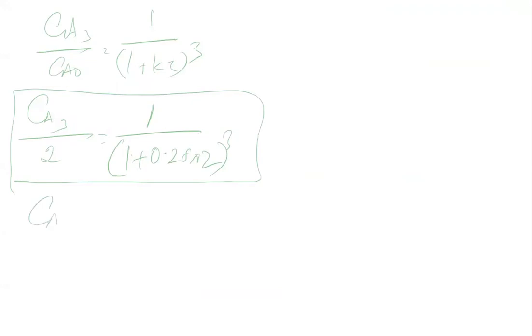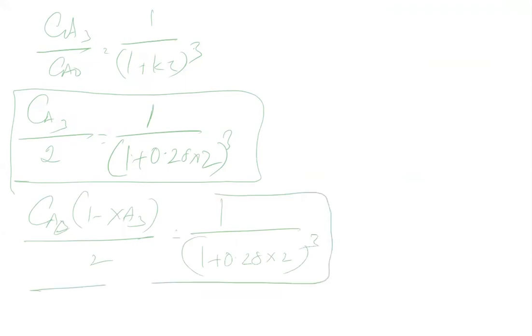If you solve this, Ca3 is nothing but Ca naught into (1 minus Xa3), which divided by 2 equals 1 by (1 plus 0.28 into 2) whole cube. This is the third equation. From this you can solve Xa3, which is something like 0.73.